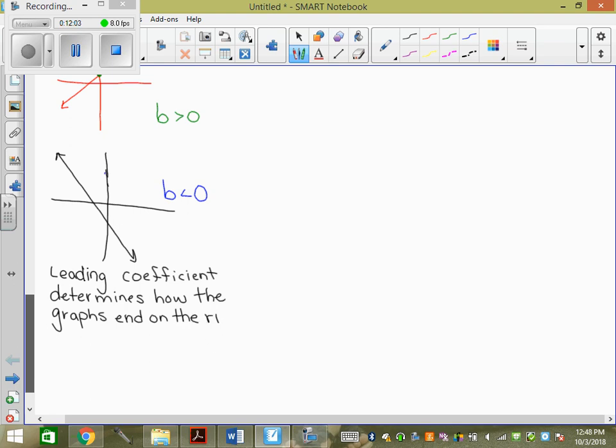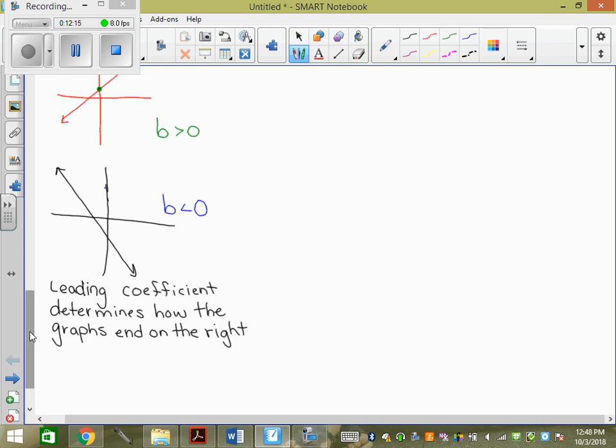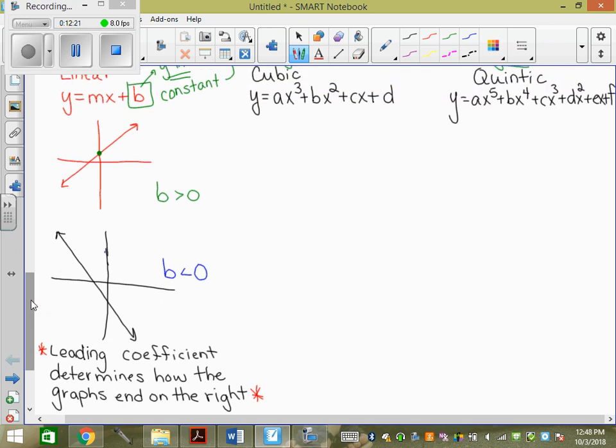What's awesome? That also doesn't change whether it's even or odd degree. The catch with odd, though, is that the arms are in opposite directions. We agree? So, my leading coefficient in this case is m.